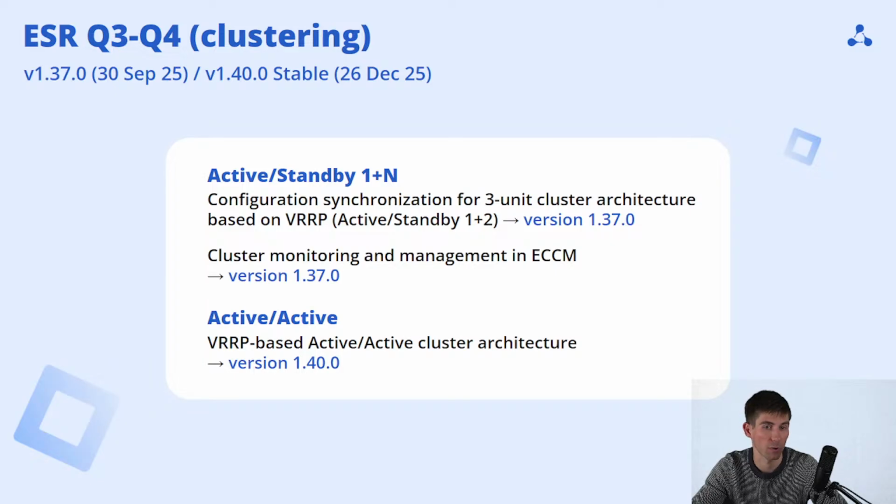It's also VRP based, and it allows you to basically utilize the performance of the devices 100% by balancing traffic between 2 devices. Our end goal with this is quite advanced, getting a cluster of 4 devices with a mixed architecture, 2 active, 2 standby, but this is something planned for 2026.